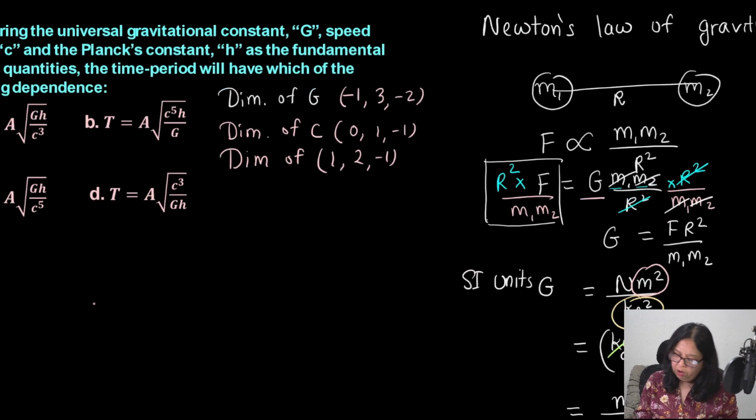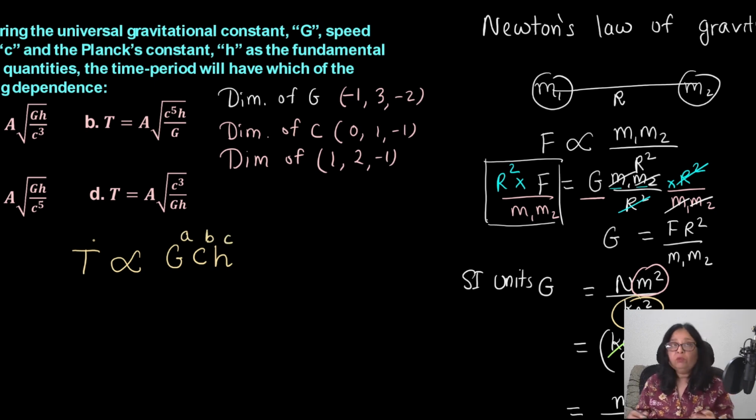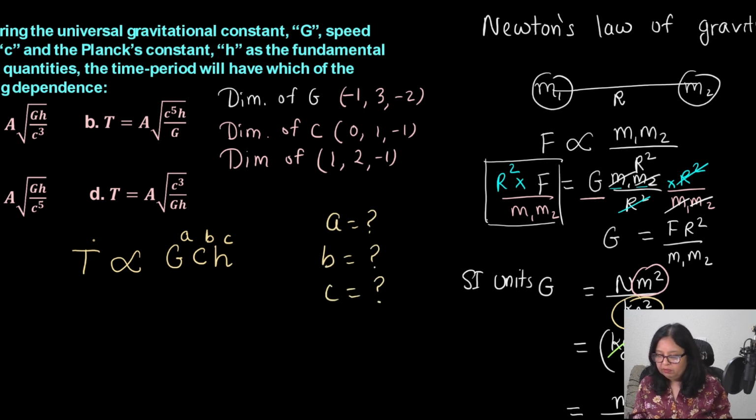We are told that the time period T depends on G, C, and h. What is this dependence? It's powers a, b, and c, and that's what we're trying to figure out. What is this a? What is this b? And what is this c?